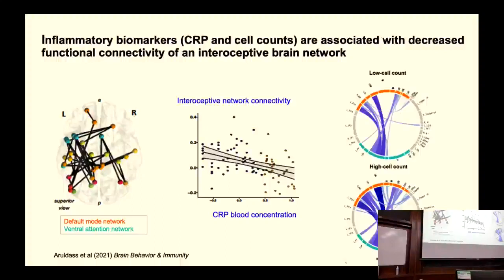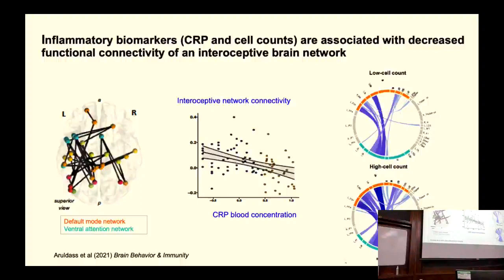And this is a plot showing the same kind of features, so changes in connectivity, but here in a topological representation rather than an anatomical representation, and highlighting the difference between those two subgroups I showed on the previous slide, the patients with high immune cell counts compared to low cell counts.